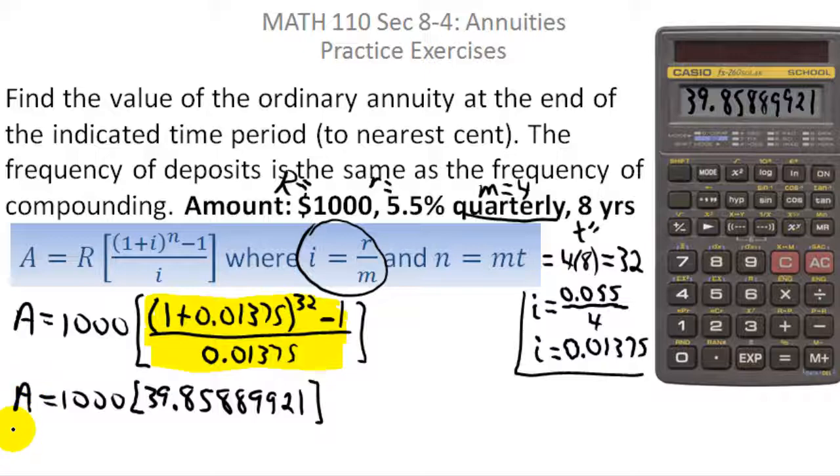The only thing left to do to calculate the future value is to take the displayed value and multiply it by 1,000. So it will be times 1000 equals, I get 39858.89921. The problem asks us to round the final answer to the nearest cent.